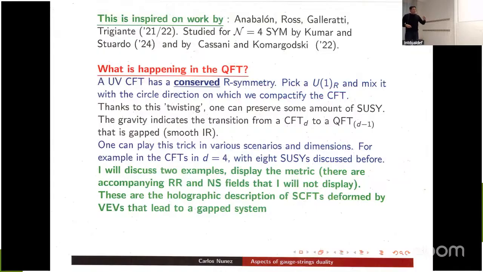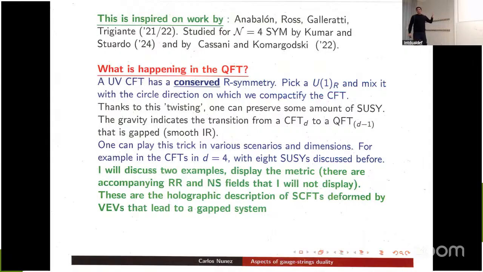The holographic picture, which will be trustable everywhere, is indicating a transition between a CFT in 4D and a quantum field theory in 3D. The system will present a mass gap. One can play this trick in many different scenarios. It was played in many, many different scenarios. In particular, I will apply it to the CFTs that I was discussing before in four dimensions with 8 supersymmetries. Okay?